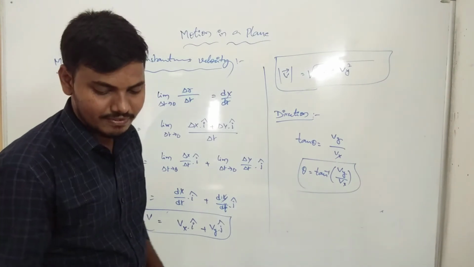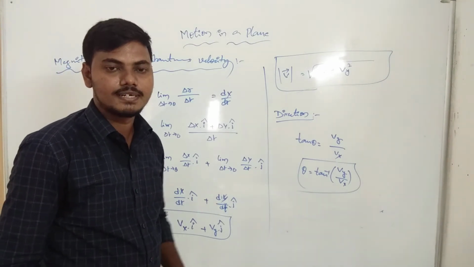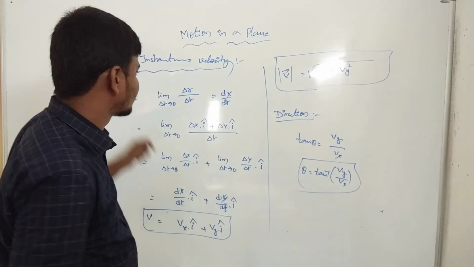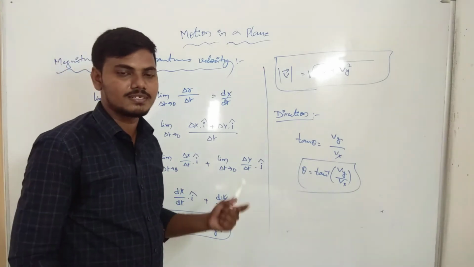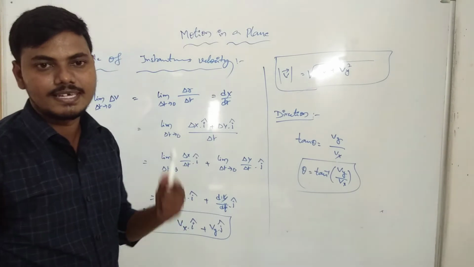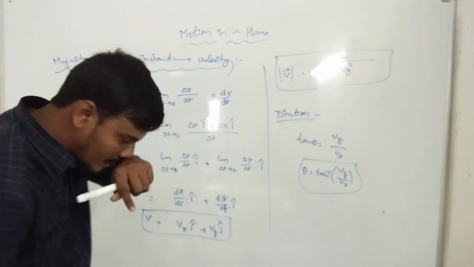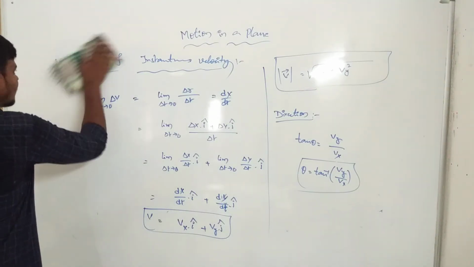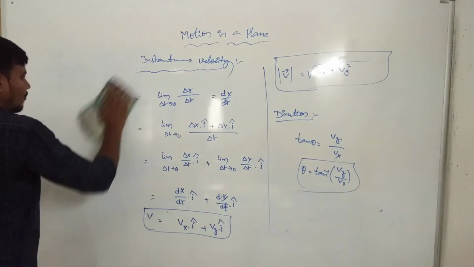Previously we uploaded our videos on position and displacement. Today's video is on velocity. Velocity is mainly of two types: the first is average velocity, the second is instantaneous velocity. The same applies to acceleration. Now what is acceleration?